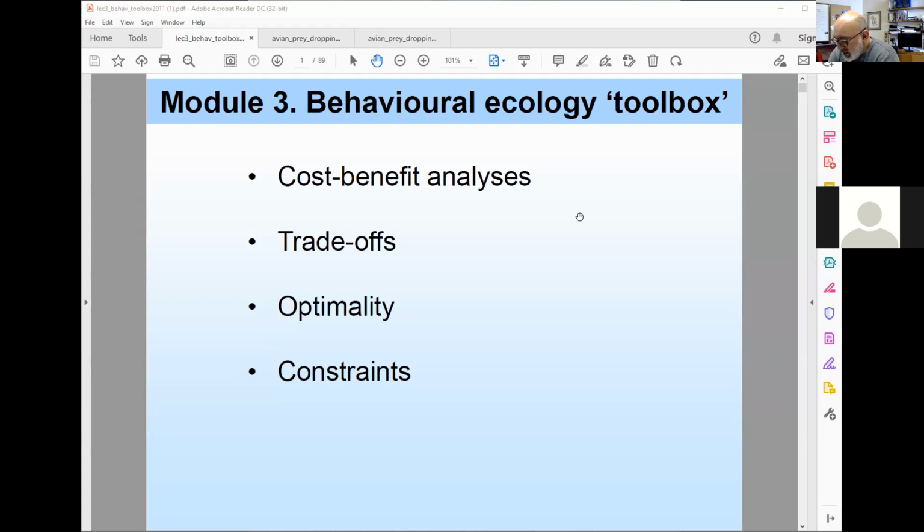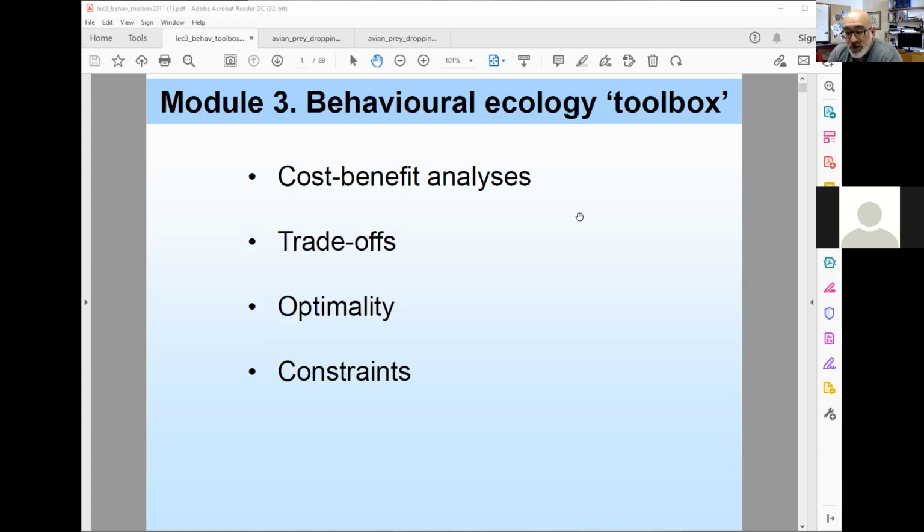So remember, when we think about those four levels of questions, this course is focusing mostly on questions related to the fitness consequences of behavior. That is, how behavior is adaptive and how it relates to individual fitness, that is, lifetime reproductive success.